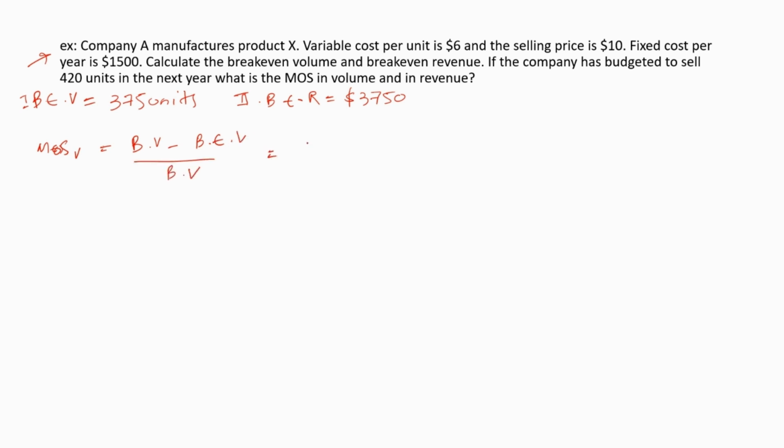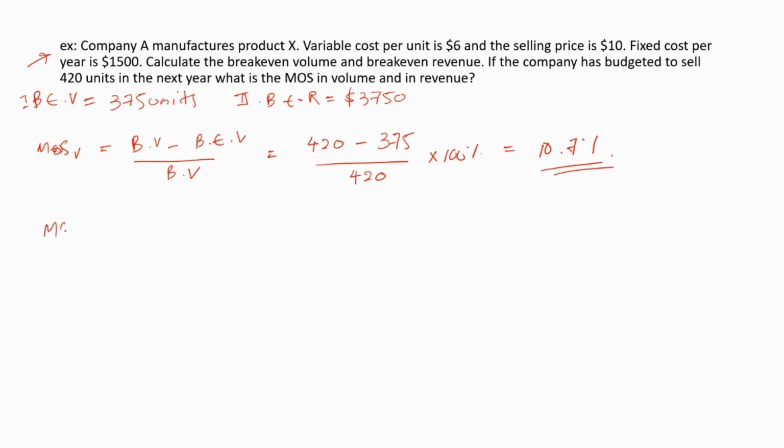So the budgeted volume is 420 minus break-even volume 375, divided by budgeted volume 420, multiplied by 100%, which is equal to 10.7%. This means the budgeted sales units can be declined by 10.7% before it starts to make a loss.